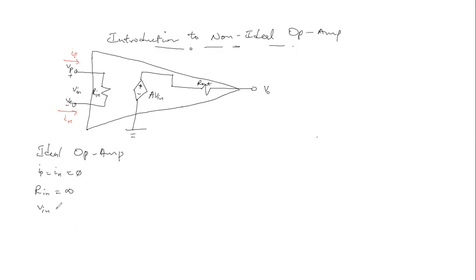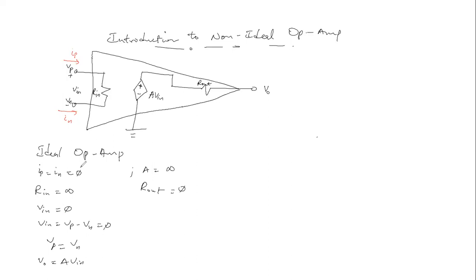And also, the differential input voltage is seen to be 0, for which V sub N being the same as the difference between the point voltages or the node voltages is 0, so that V sub P is the same as V sub N. Therefore, V naught is the same as A V in, for which the open loop gain is some infinite value, and then the output resistance is the same as 0.